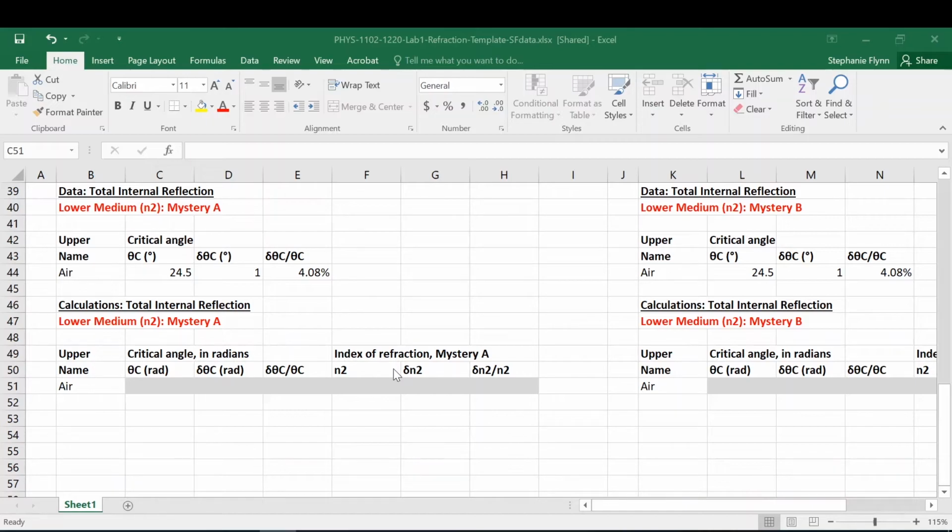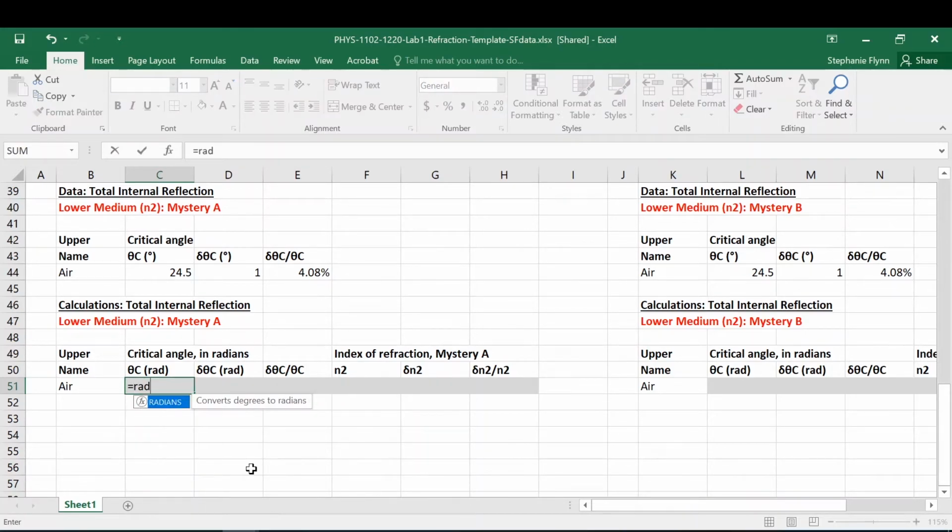And we want to do the same thing that we did in the first part, which is convert our angles to radians. Remember that Excel can only process trigonometric functions when the angle is in radians, as well as our uncertainty propagation only works when our uncertainty is in radians.